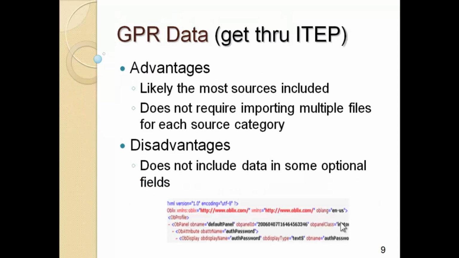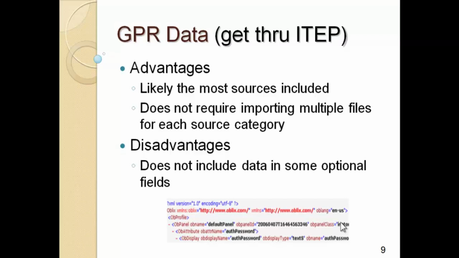GPR data. We've already talked a little bit about the advantages and disadvantages just by talking about the EIS state data files. So one advantage to the GPR data is its complete data, including the EPA estimates. It's a one-stop shop, and there's only going to be one file per data category, meaning one point source file to import.